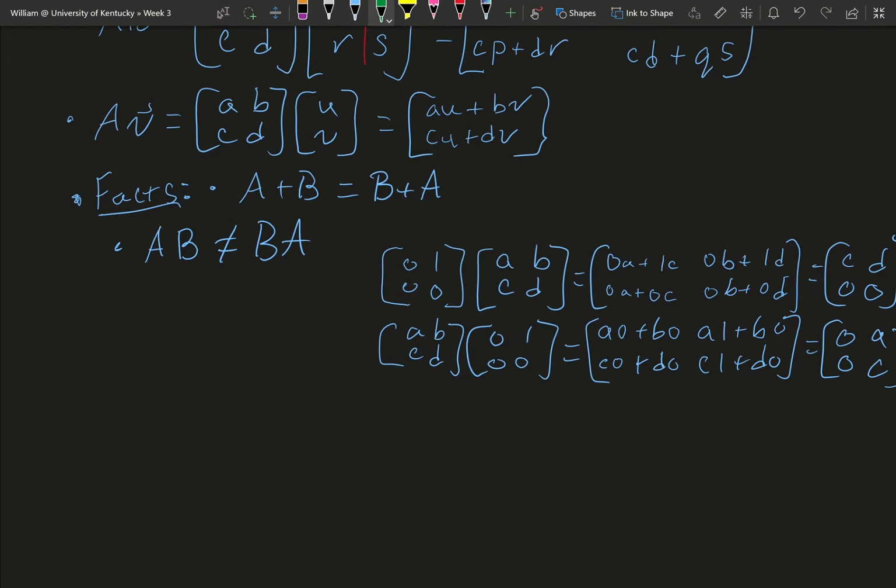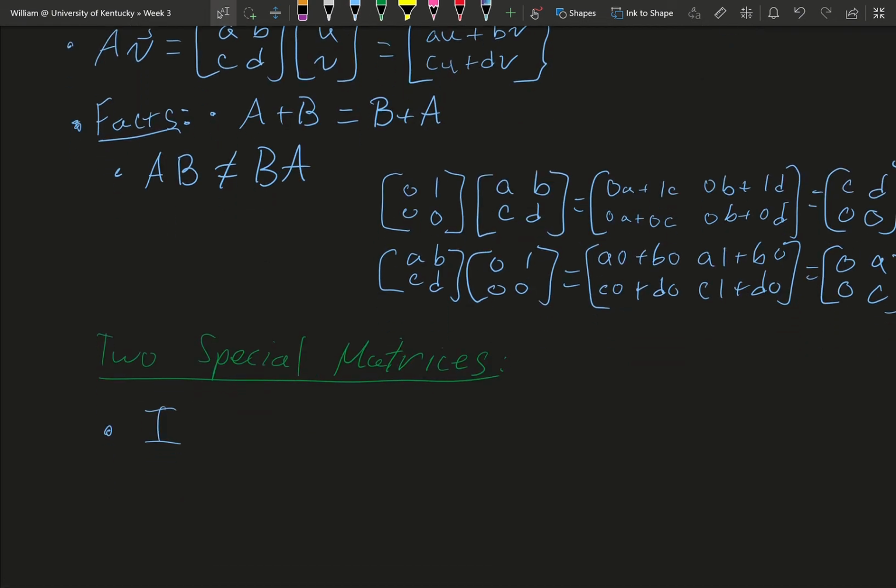Okay, there's two special matrices. The first, which we represent as an I, is the identity matrix.